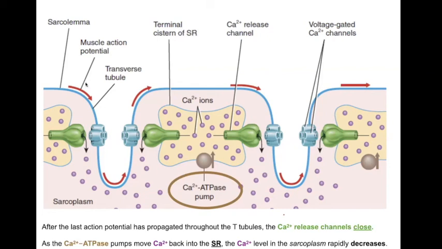You want this strictly controlled by the nervous system input. So you want to get rid of that calcium and put it back inside the sarcoplasmic reticulum. So the calcium ATPase pump is that necessary last step to clear the calcium out of the sarcoplasm, so that there's not unwanted contraction.